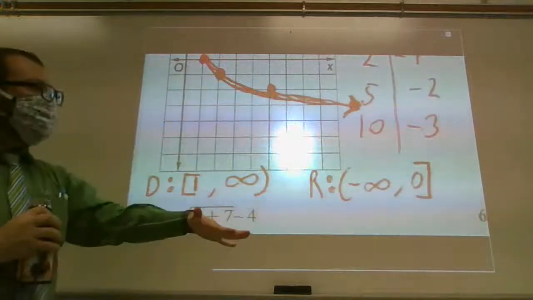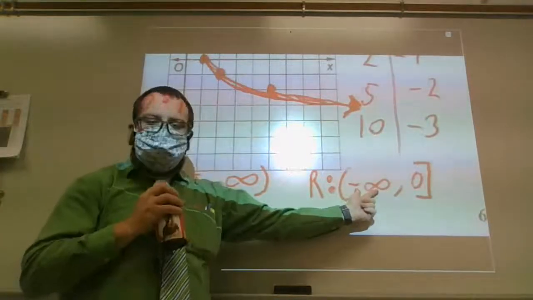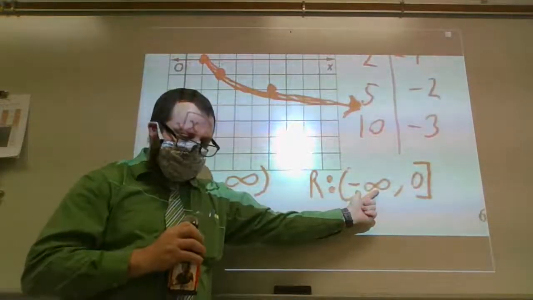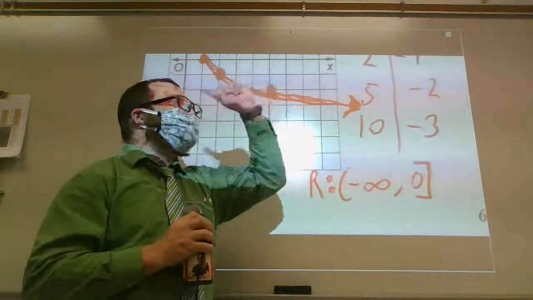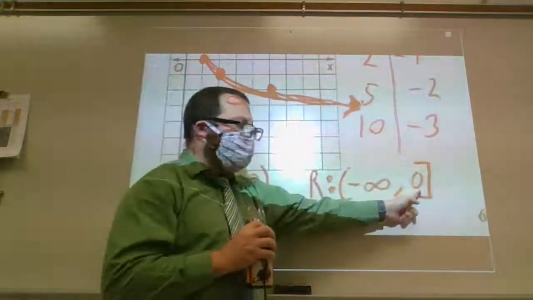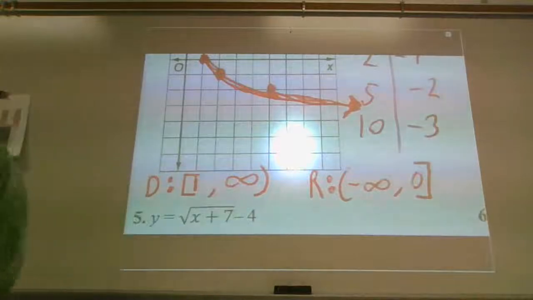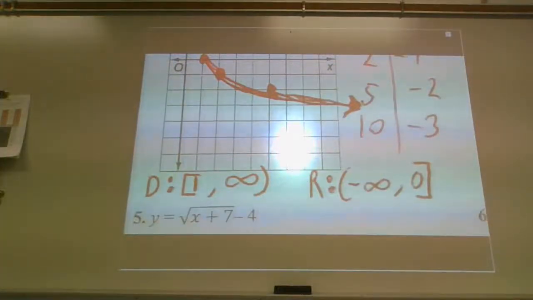The lowest point, it's headed towards negative infinity. The highest point, it reaches 0. That is the range of this particular graph. It's a little strange, but that's what we got to do with this one.